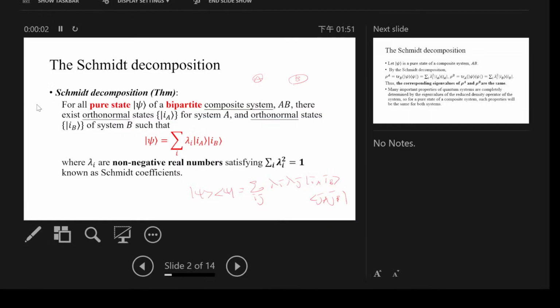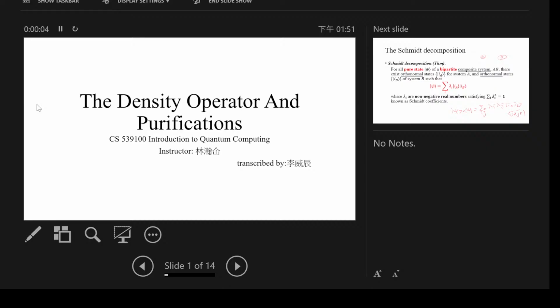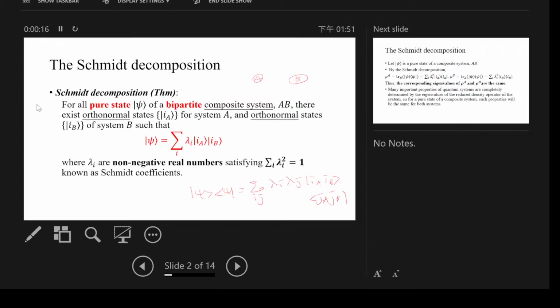We talked about the density operator, and let's go to something slightly unrelated, slightly far away. That's this Schmidt decomposition. But it's still talking about a two-party system. The Schmidt decomposition is a very nice way to describe a two-party system.